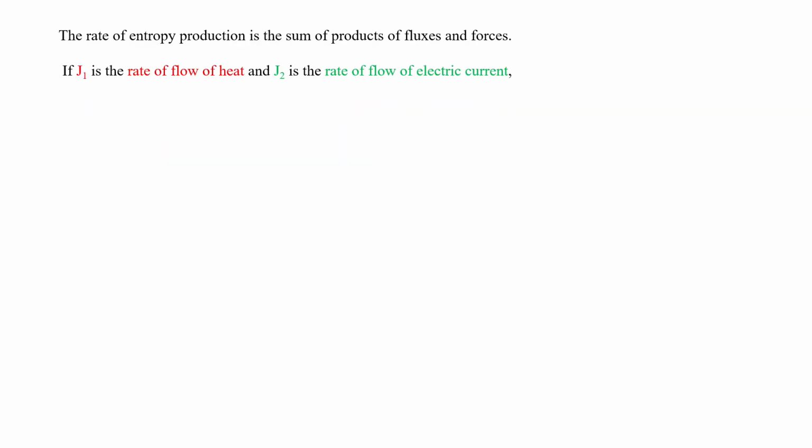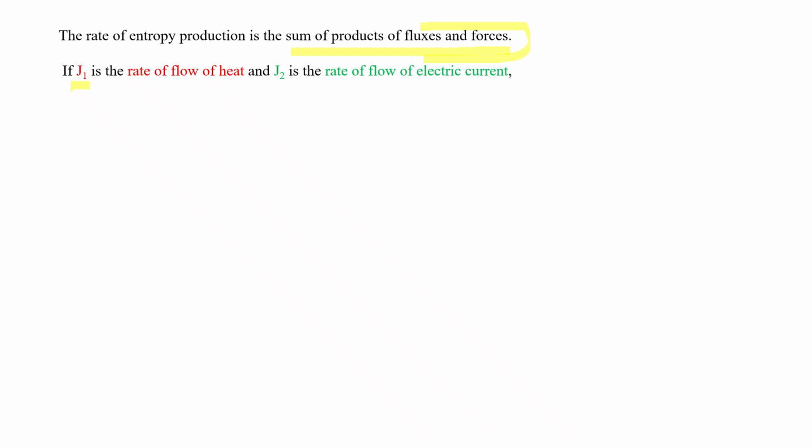So now the rate of entropy production is the sum of the products of fluxes and forces. You might have gone through my previous YouTube video about the Onsager reciprocal relationship, in which we have a detailed discussion about the fluxes and forces.